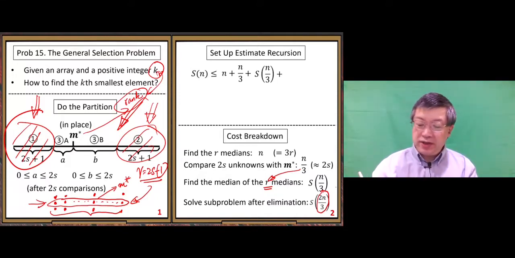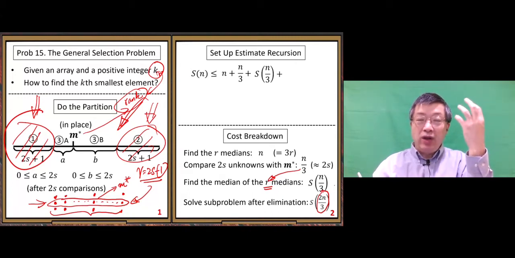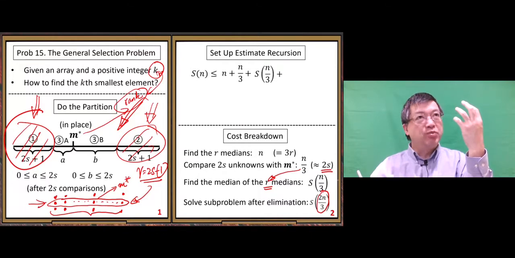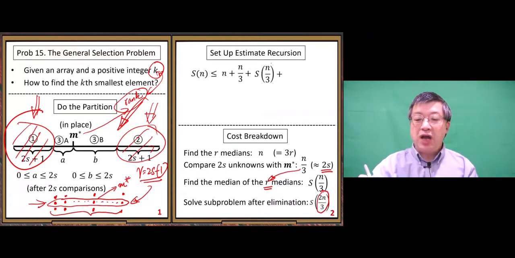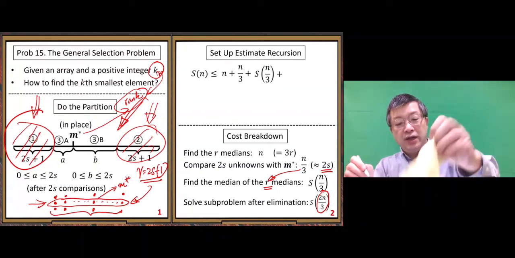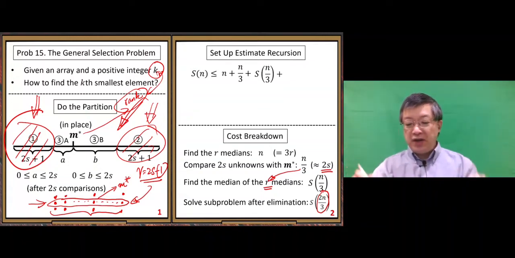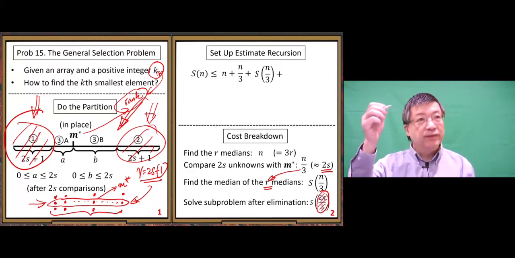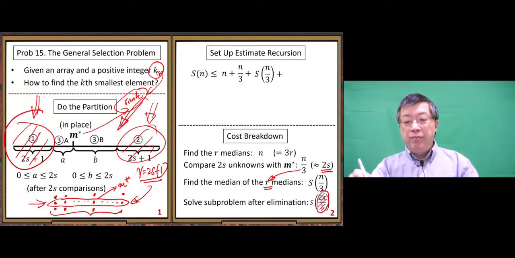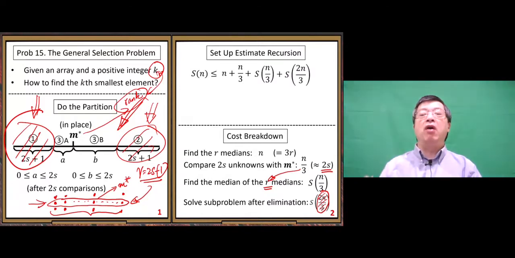Because later we don't want to use our expression using s or r. We want to use the original size n. So for that reason, you can see the size representation 2n over 3. So then we put it back to our inequality.